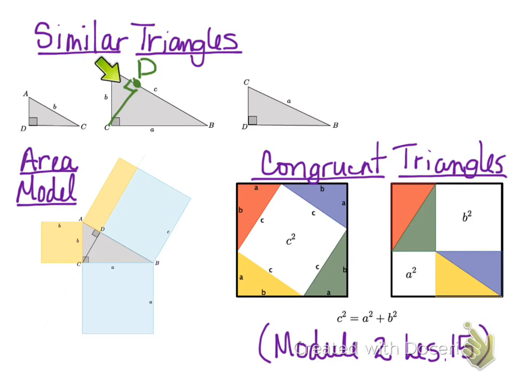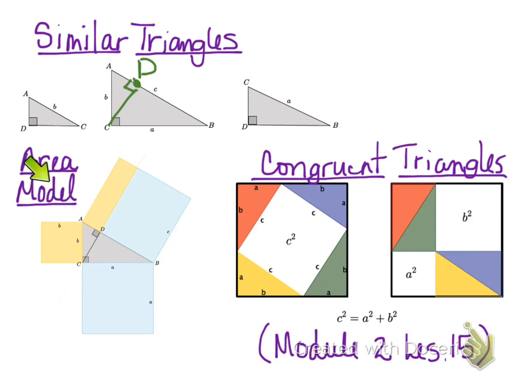Then we used some of the results from this to create a proof of the Pythagorean theorem based on area models. In other words, the area off of leg B is b squared, and the area off of leg A is a squared. We were able to show that these 2 areas add up to the area off the hypotenuse, which is c squared.